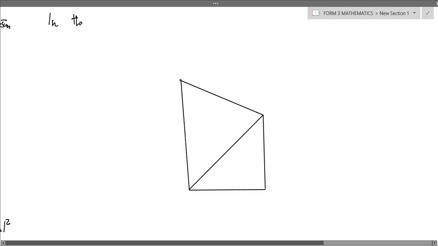In the quadrilateral, I believe when we say quadrilateral, you know what it is. Quadrilateral is a four-sided figure.